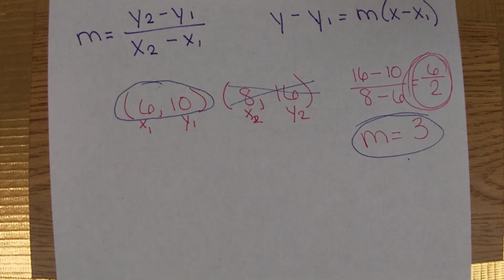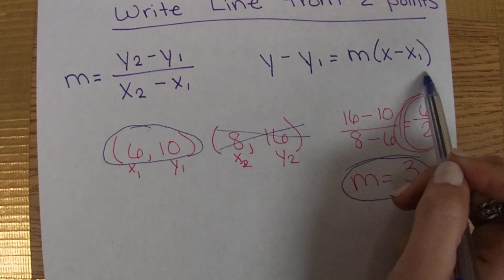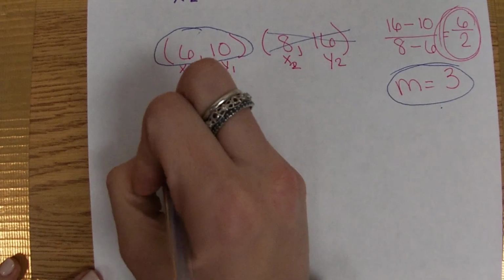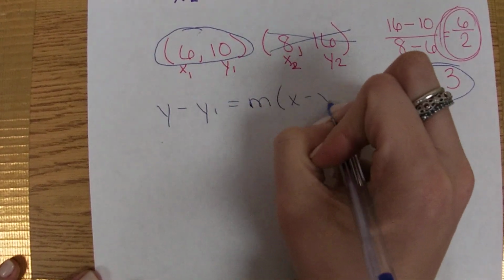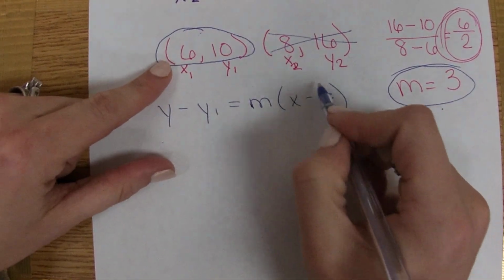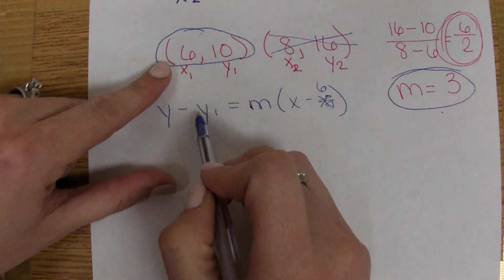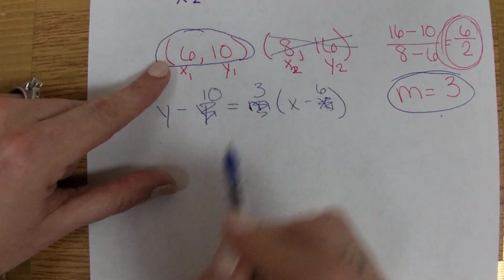So now we're just going to use these two things. Now we need to use our point slope formula, y minus y sub 1 equals m times x minus x sub 1, where x sub 1 is now 6, y sub 1 is now 10, and m is 3.